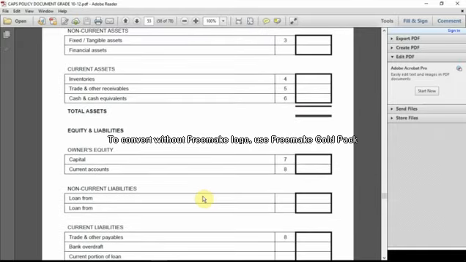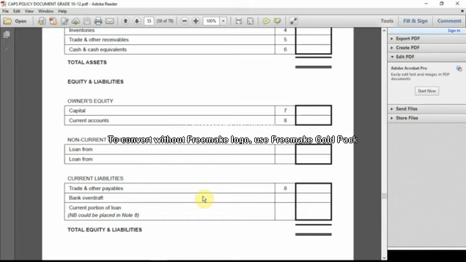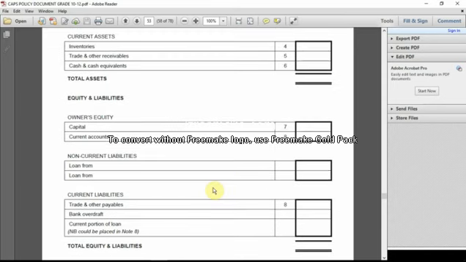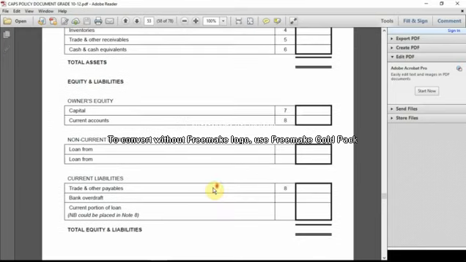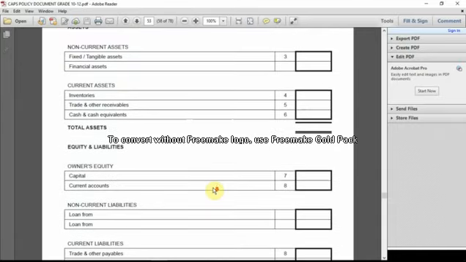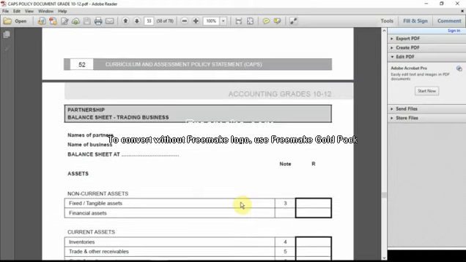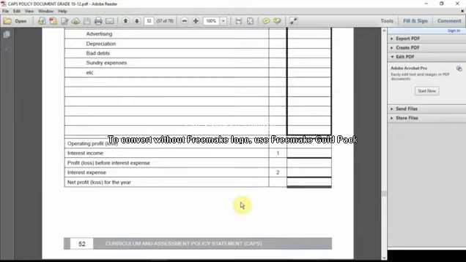But maybe a potential partner might be interested in the financials in order to make a decision whether he or she wants to join the partnership or not. So the financial statements basically help to make decisions. That's the purpose. So now that we know the purpose, let's focus on the structure.